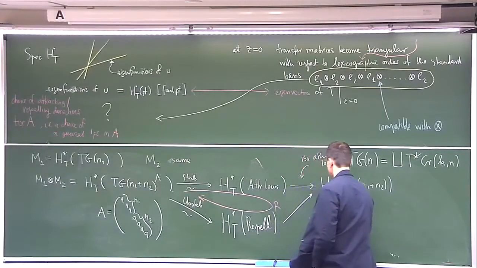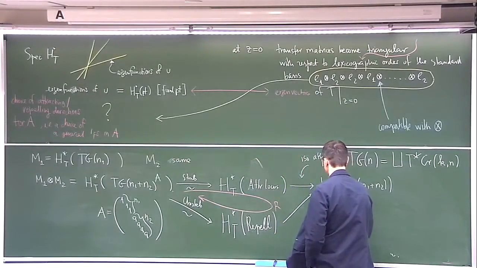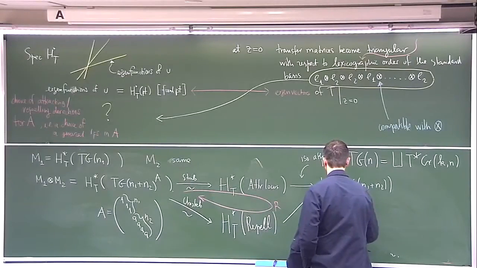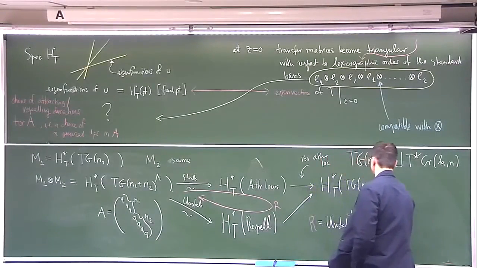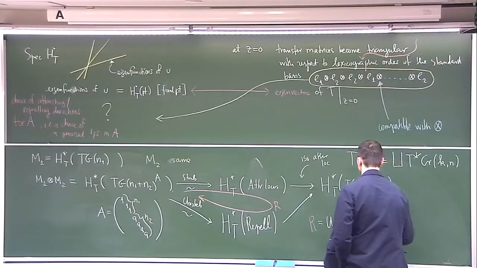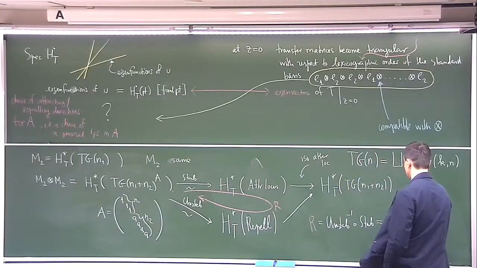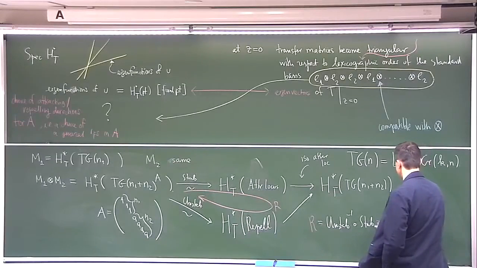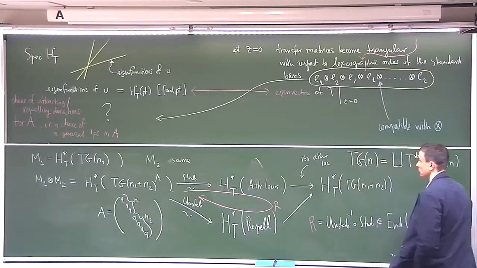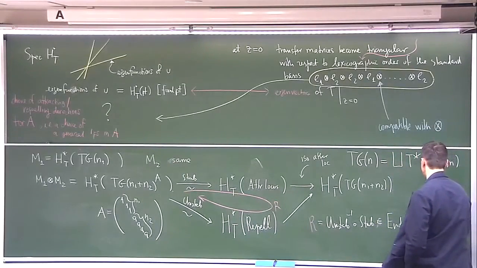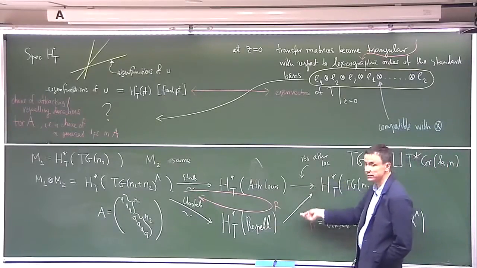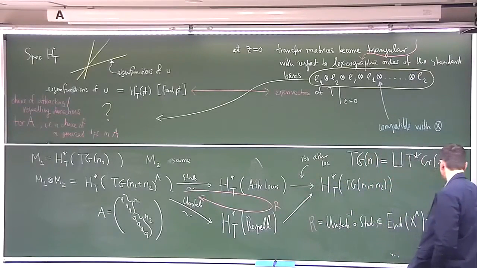So the R matrix is unstable inverse composite stable. And so this is an element of endomorphisms. This sits in endomorphisms of my fixed locus. But there's localization here, so I tensor the rational function.